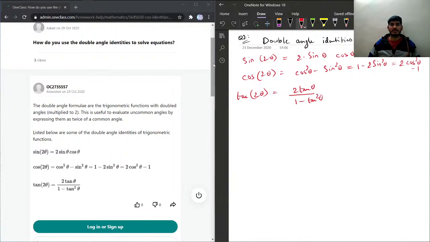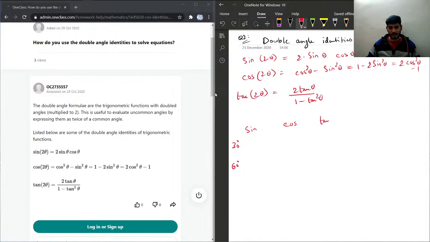So basically, if we know the trigonometric ratio for the angle theta, and we want to calculate the trigonometric ratio of 2 theta, then we can use these formulas. So I'll just write the values of sine, cosine, and tan for 30 degrees and 60 degrees.